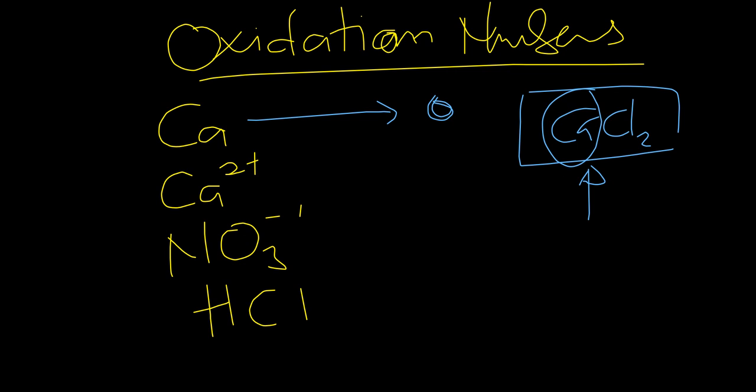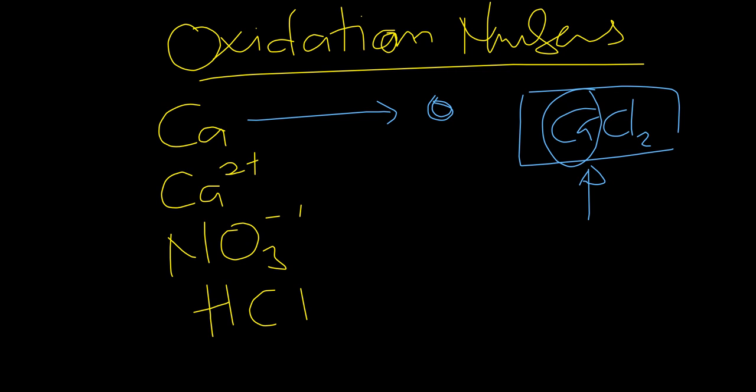So note the difference between atoms in their free state, which means atoms that stand alone, they are not bonded to other atoms in a compound or in molecules. So that's what atoms in their free state are. And always, atoms in their free state have charges of zero.